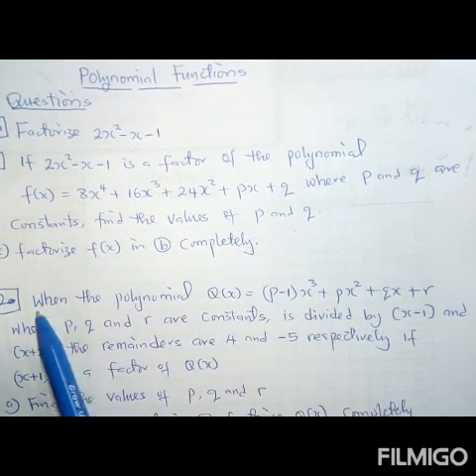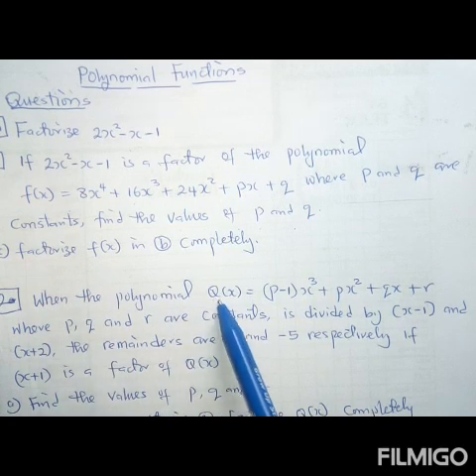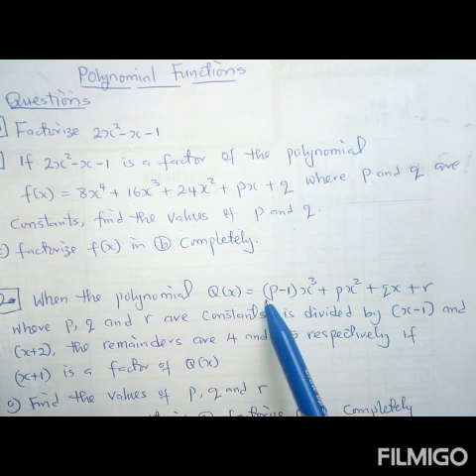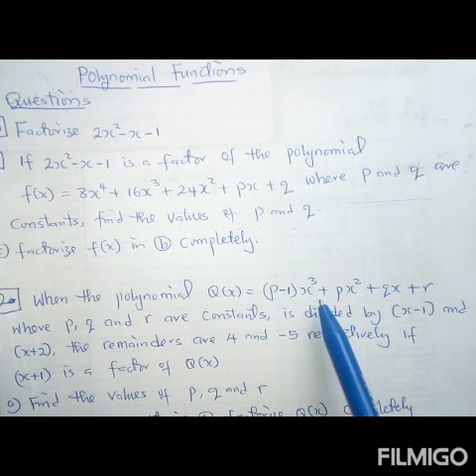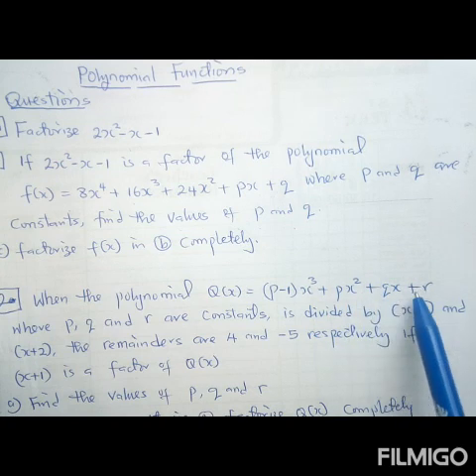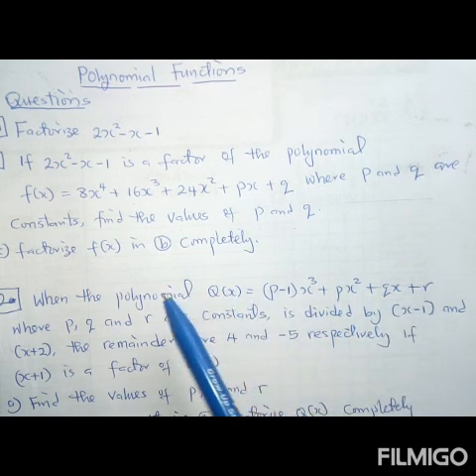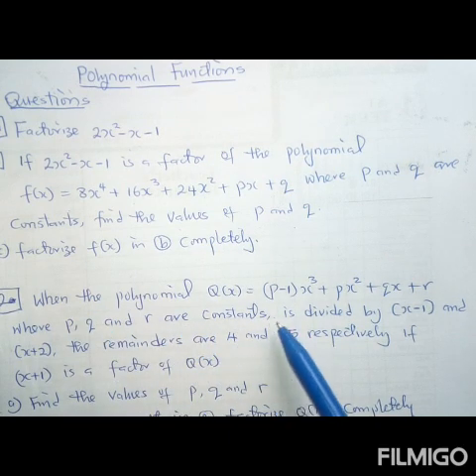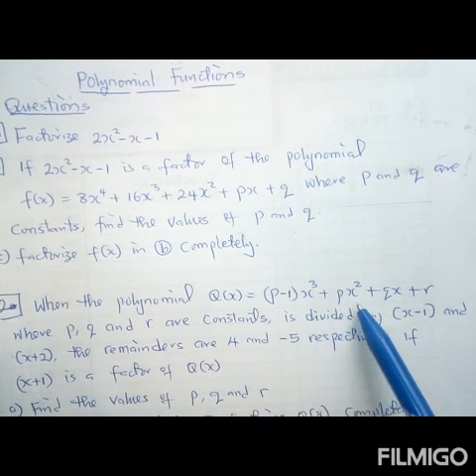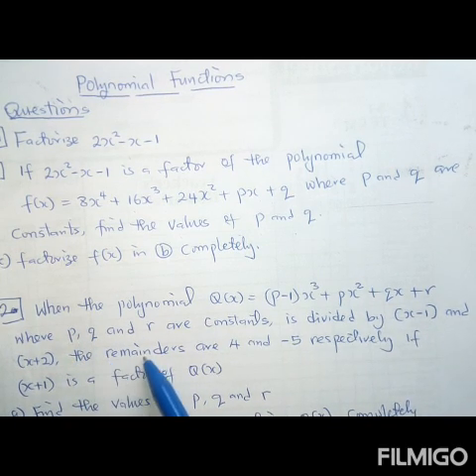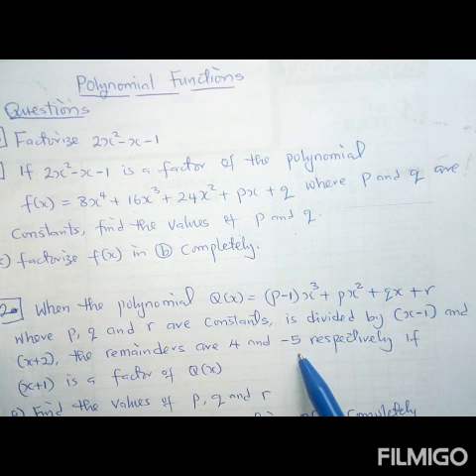Question 2. The polynomial Q of x equals (p minus 1) x cubed plus px squared plus qx plus r, where p, q, and r are constants, is divided by x minus 1 and x plus 2. The remainders are 4 and minus 5 respectively.